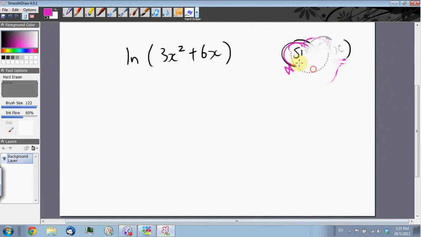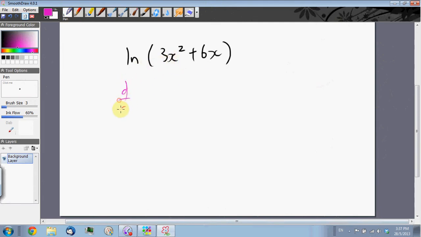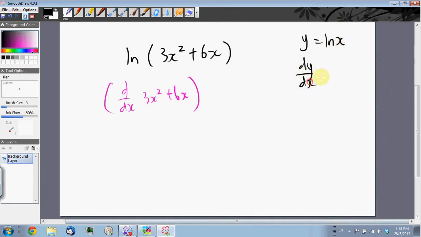Okay, so this is what you do. When you differentiate inside, just write it out. This means you differentiate inside, and then you bring it out. So you're left with a function. And remember that for the most basic, this function changes to 1 over x.